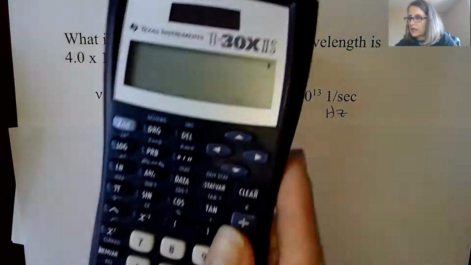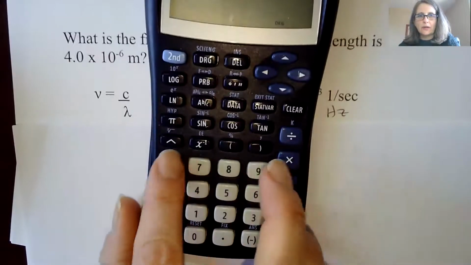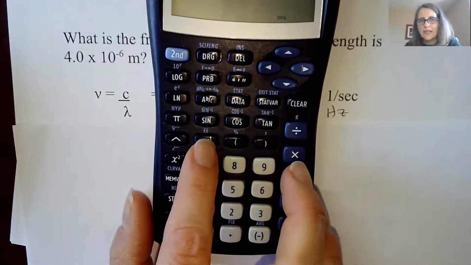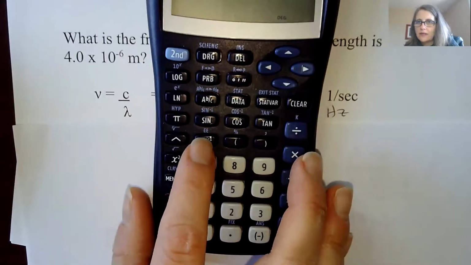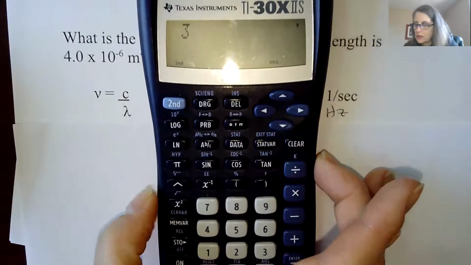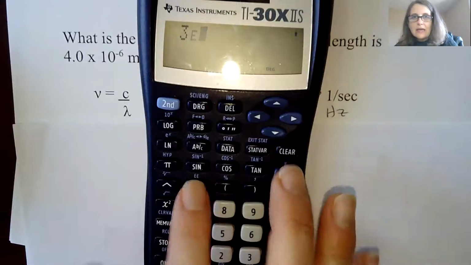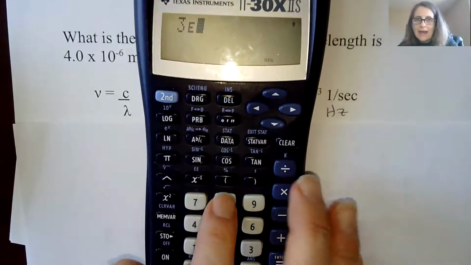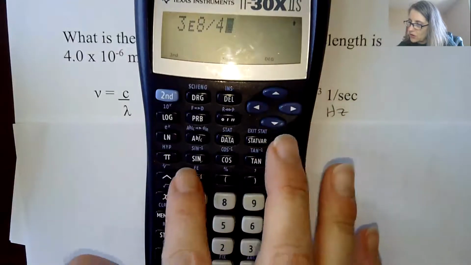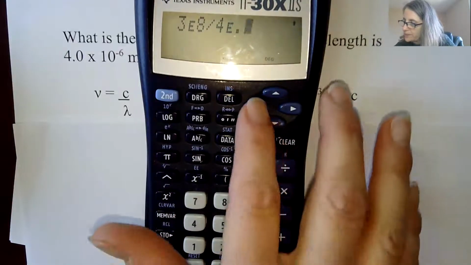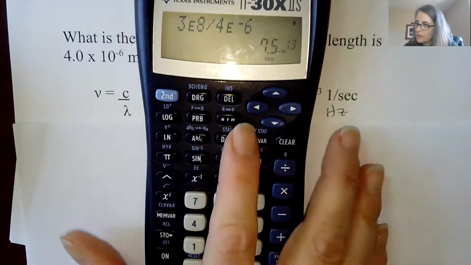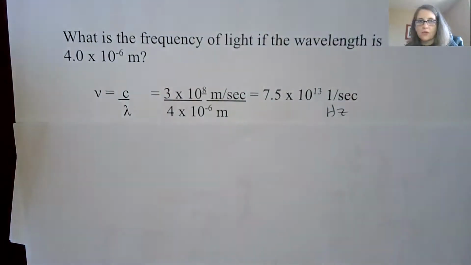This is where you use the double E function, probably a second function on your calculator, so find the EE. You type in 3, second function E so that it comes on the screen, 8, divided by 4, second function E, -6, and then press enter. And it will give you 7.5 × 10⁻¹³.